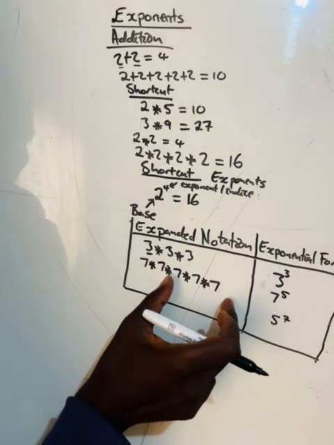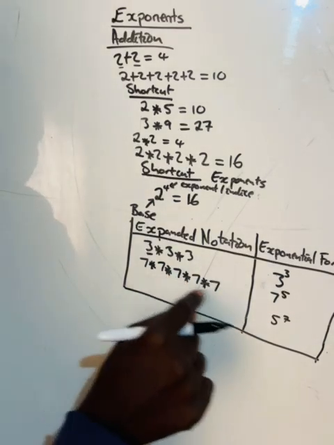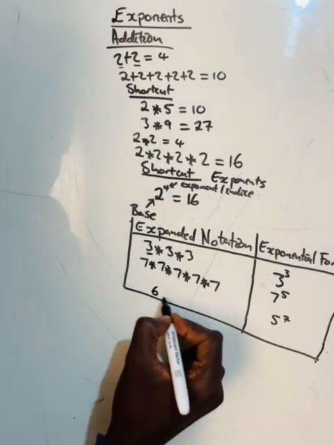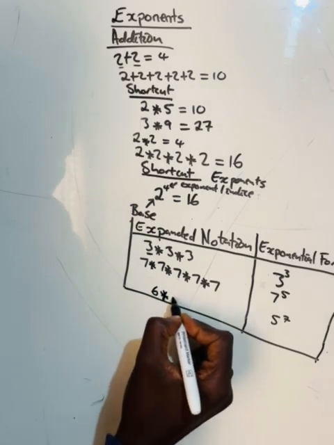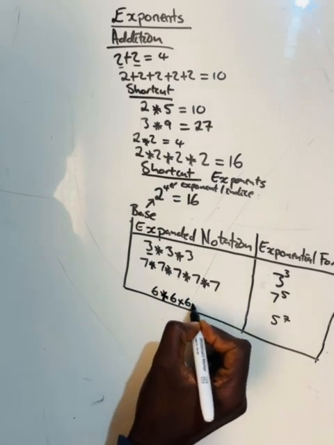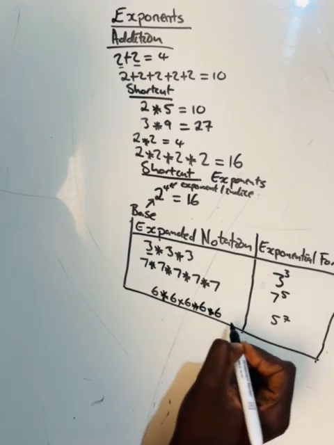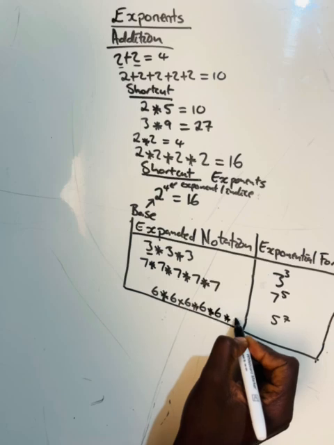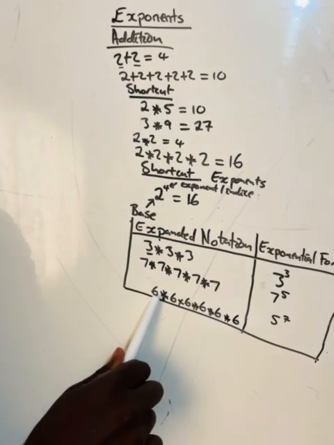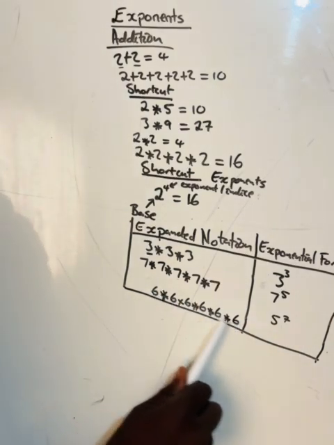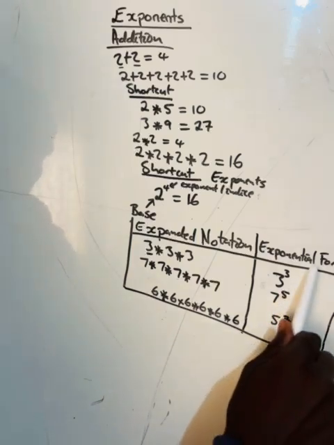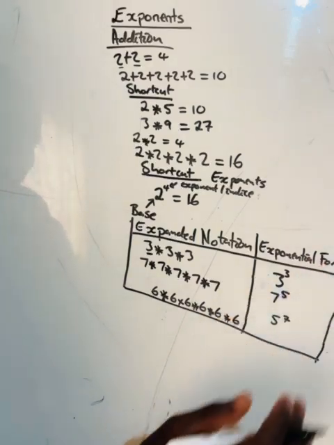You must answer it in expanded notation. And under expanded notation, we have 6 multiplied by 6 multiplied by 6 multiplied by 6 multiplied by 6. So you must write this in expanded notation. You must convert it to become exponential form, right?